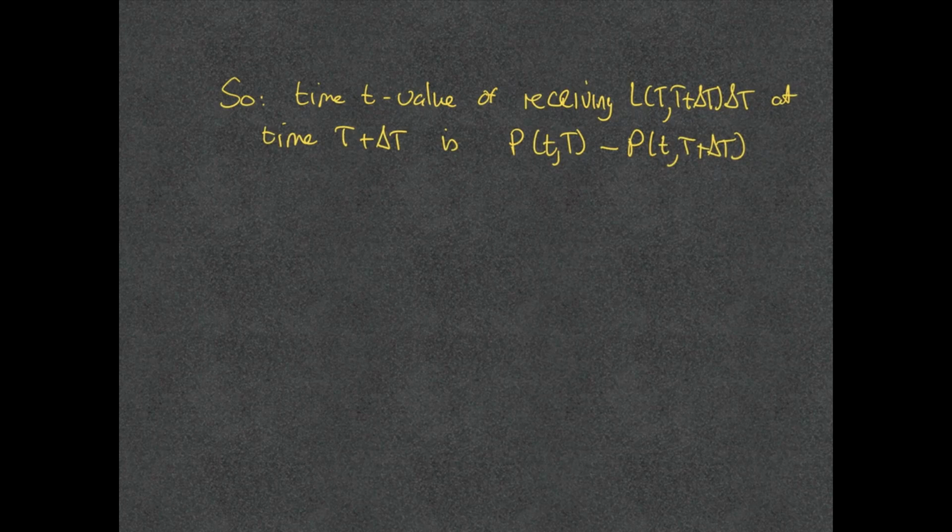So by buying a T bond and shorting a T plus delta T bond, I can be guaranteed the LIBOR spot rate times delta T at time T plus delta T. And hence the value of that spot payment is equal to the difference of the two bonds.